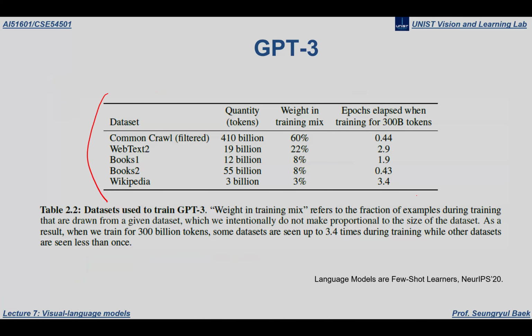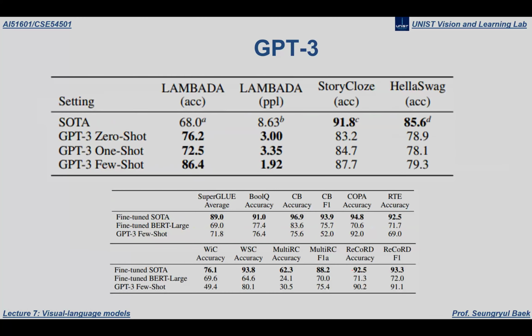And this is the dataset they used to train GPT-3. They collected lots of sentences, text data, and used it for training GPT-3. There is a great deal of input data. This shows their powerful performance.